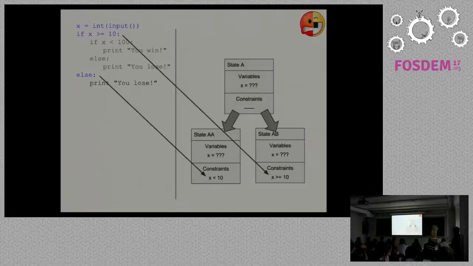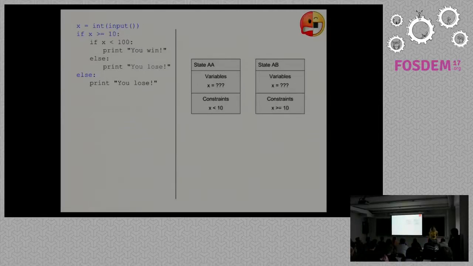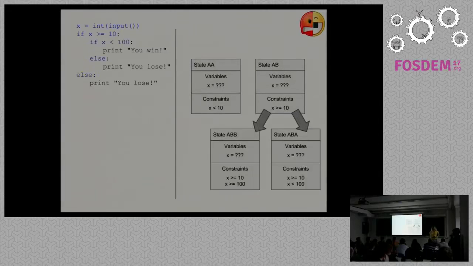So the process of symbolic execution is effectively computing this constraint, so it is extracting the idea of this constraint from the code and placing it in the actual state. So if we just sort of continue the example, we are now going to take state AB, because that's the one that's getting us closer to the target, because we're trying to win here. That's what we're here to do.